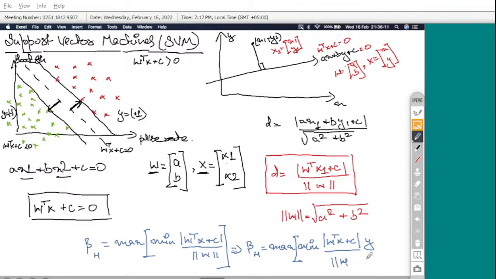Okay, now why exactly are we doing so? Why are we multiplying it by y? Let's understand where we need to multiply it by y.